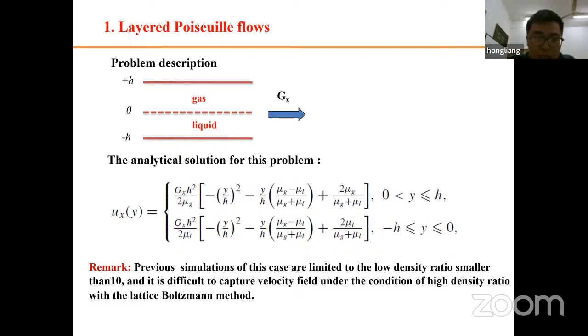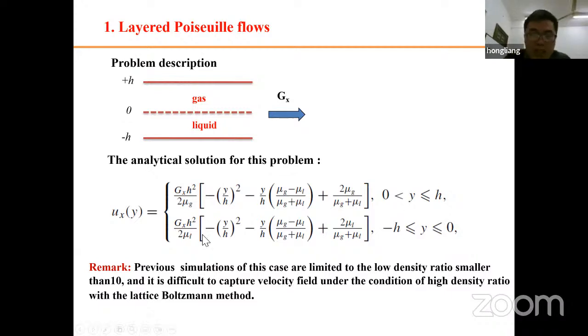Now the second test is a Poiseuille flow, and the problem can be described as this. It's a channel. The upper part of the channel is filled with gas, and the lower part is filled with liquid. This problem has analytical solutions, which can be presented as this. We can find that previous studies of the case are limited to low density ratio regions, smaller than 10, and it's difficult to capture the velocity fields in high density ratio regions with Lattice-Boltzmann methods.